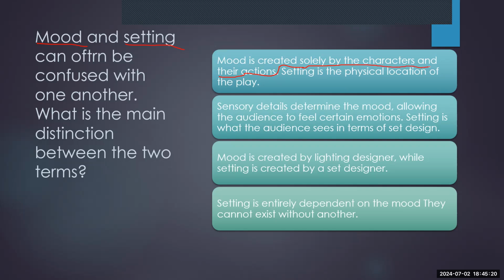All right, since it breaks it into two sentences, I want us to look at each sentence separately. Mood is created solely by the characters and their actions. Even if you haven't ever seen a play, I want you to think of a movie. The movies you've watched, is it only the characters and their actions that create the mood?